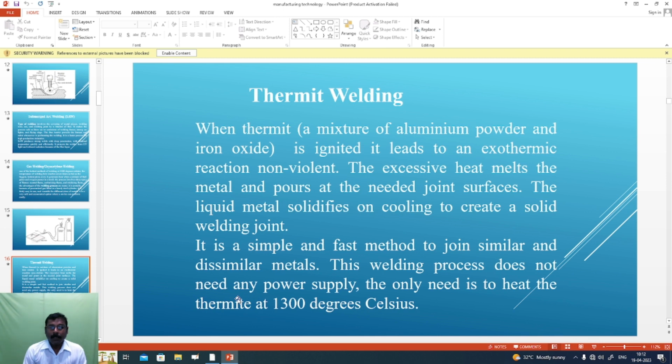The liquid metal solidifies on cooling to create a solid welding joint. It is a simple and fast method to join similar and dissimilar metals. This welding process does not need any power supply. The only need is to heat the thermite to 1300 degrees Celsius.